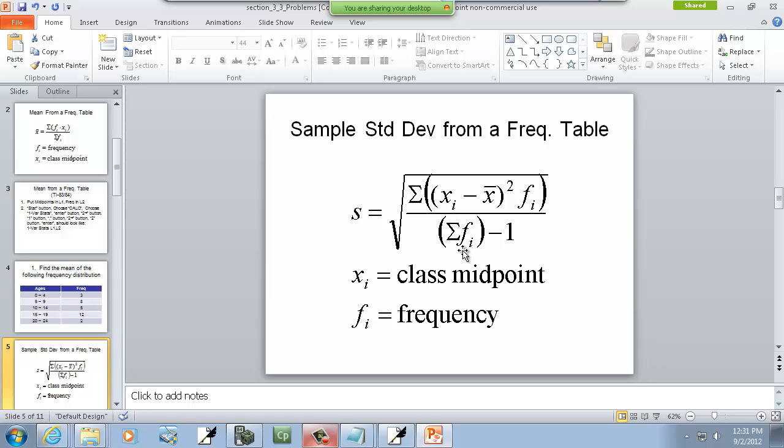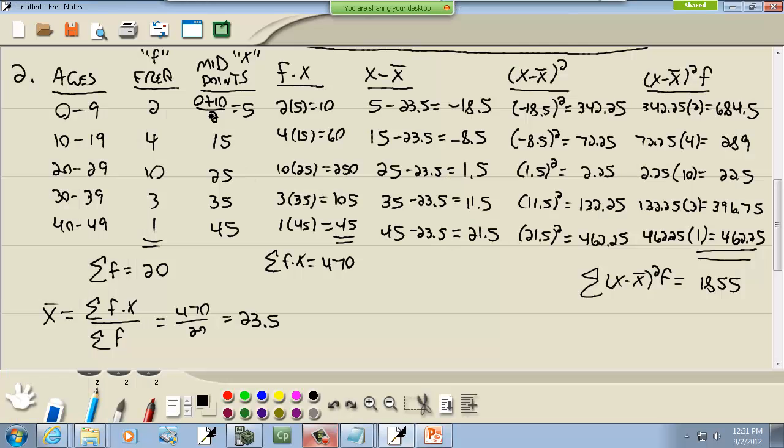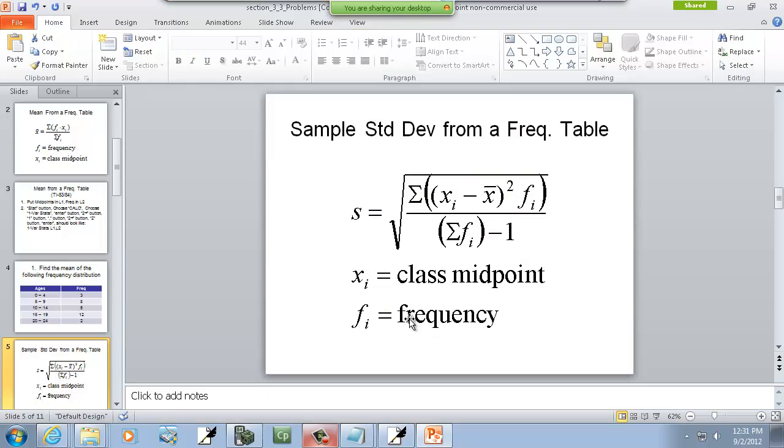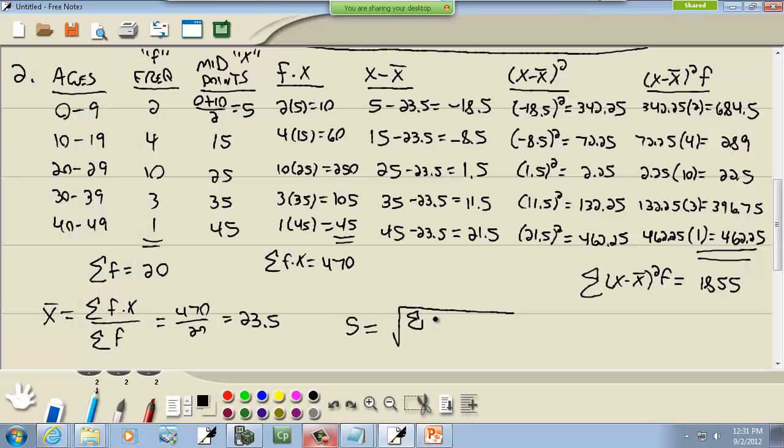Now the other thing we need is add the f's together. Well, we already have that over here. We added the f's and got 20. So now we're ready to plug it in our formula. So our sample standard deviation is equal to the square root of the top part, x minus x bar squared times f, over f minus 1.